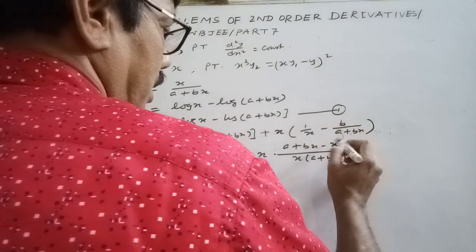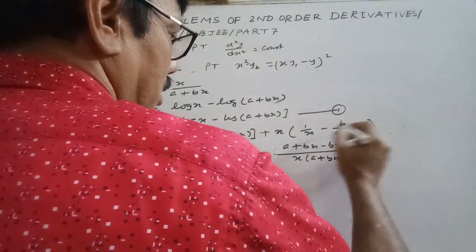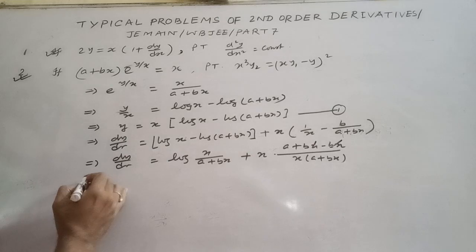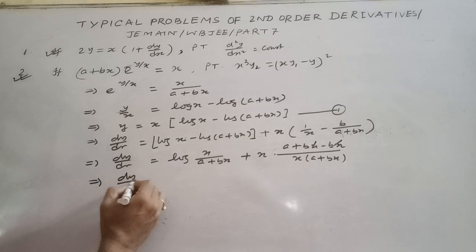So a plus bx minus bx, and so on. So dy/dx equals log x minus log (a plus bx) plus x into (1 by x minus b by a plus bx).